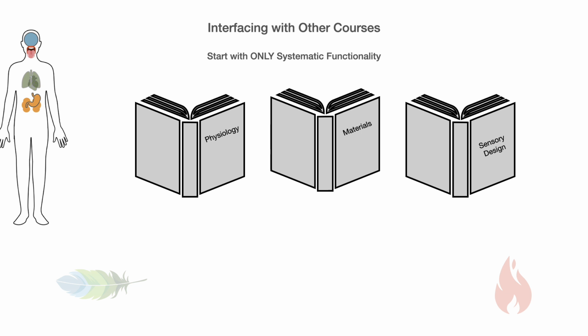It's only going to be used for those three groups, so groups 3, 4, and 5 for systematic functionality. But that will help with the mechanistic functionality that we'll touch on in the next 5 presentations. That really gets into proprioception as far as the sensory design, so that would be the 5th column.